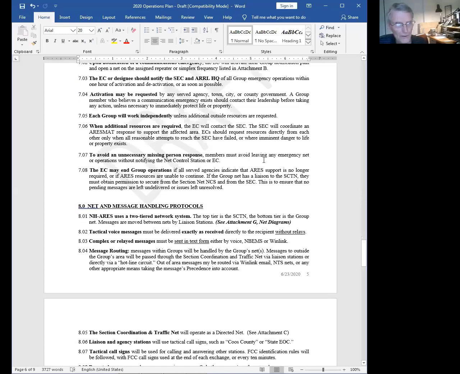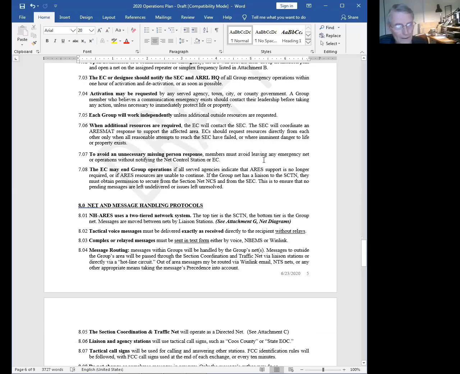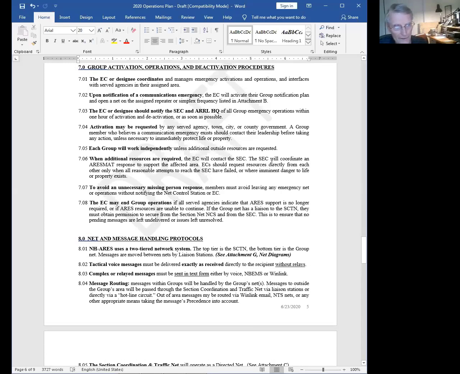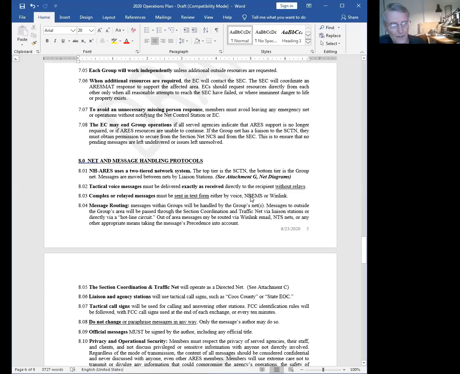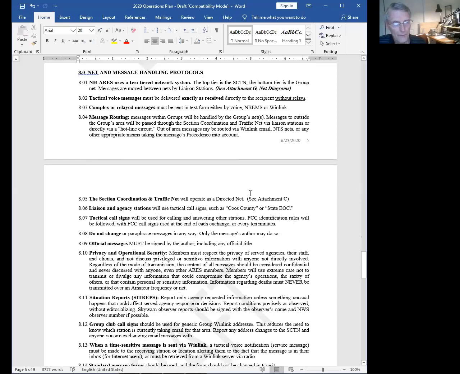Let's see here. Yeah, I think this is basically unchanged in terms of effect, but the way it's laid out is different. And it's just made a lot more succinct. The message handling protocols was cut way back. A lot of this has become a training issue more than anything else.